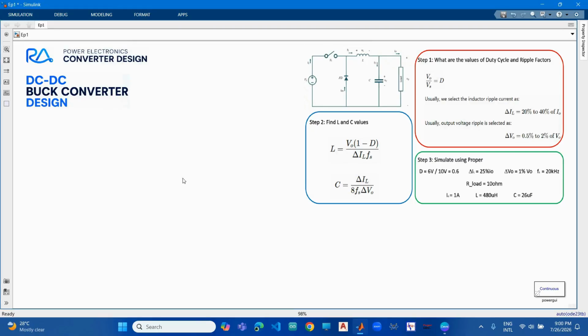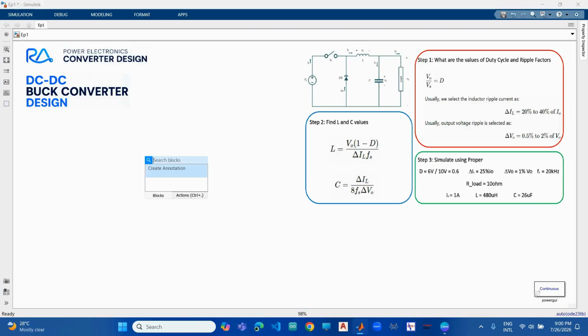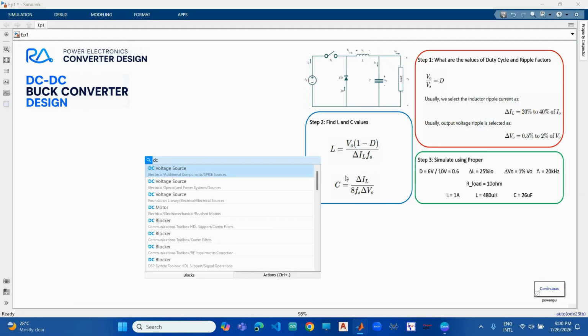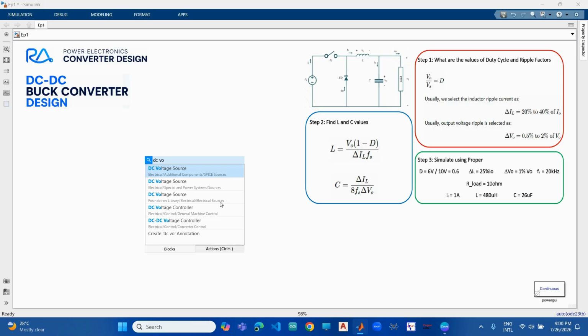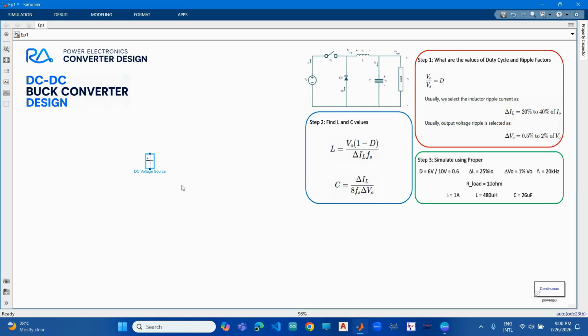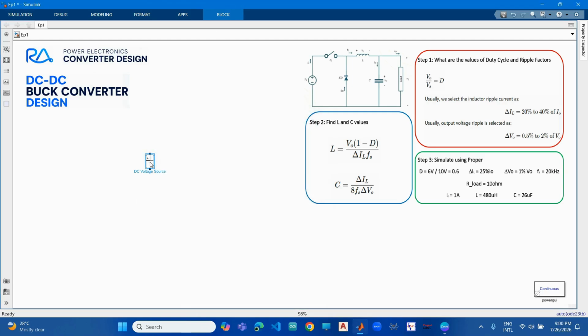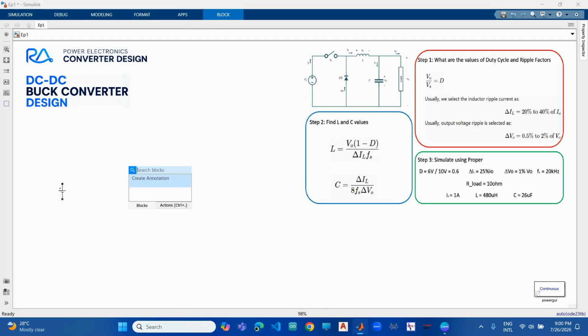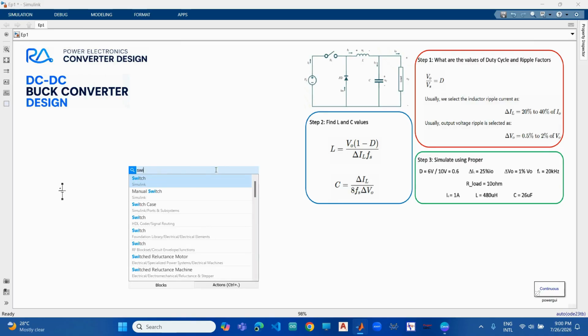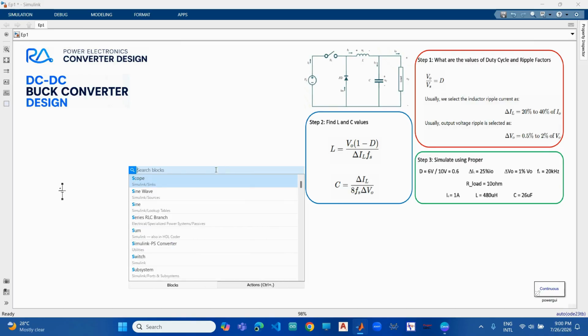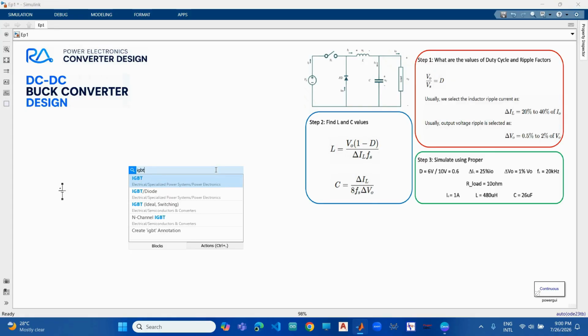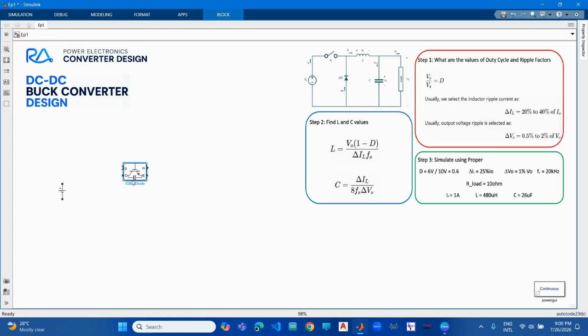Now let's start to simulate these things. First, we have to put the DC voltage source. So here we are going to use this DC voltage source, and then the switch. So IGBT, basically IGBT with diode.